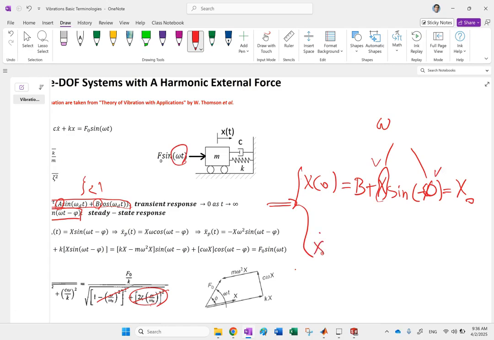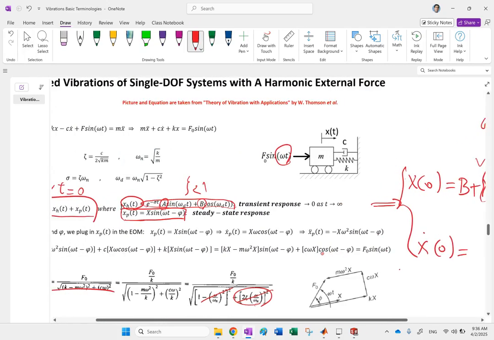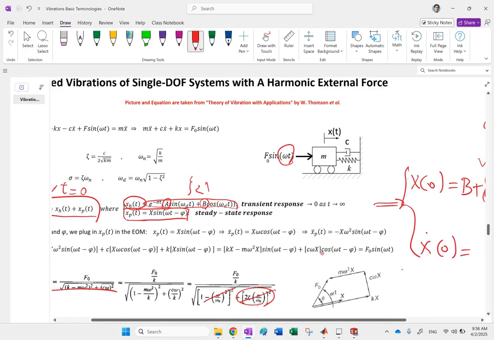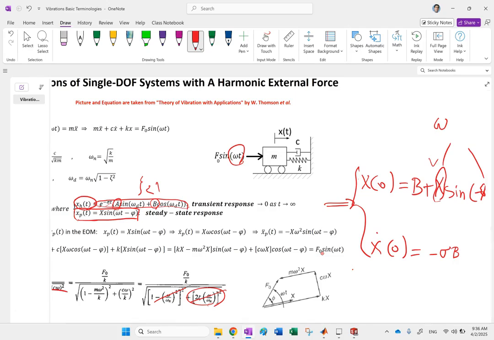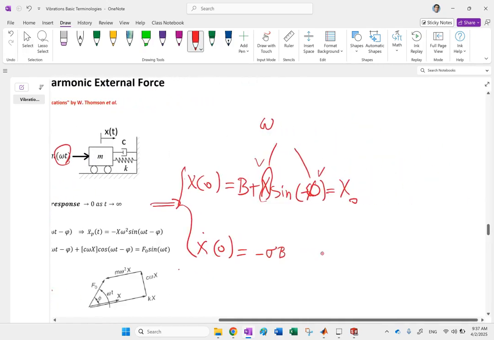And then when you do x dot at 0, again, remember, you have to take the time derivative of this and this both. So the derivative of that, if you remember, there are two derivative terms. So you're going to get a negative sigma times the whole thing, so negative sigma B. And then you are going to get plus A omega d.